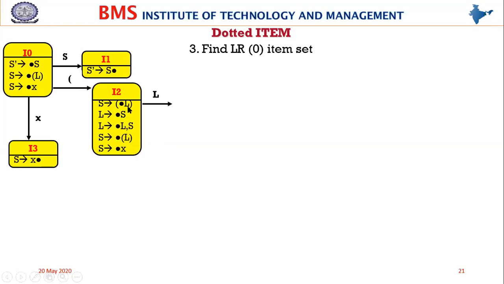Observe on L. You observe here, the first production will become S produces open parenthesis L dot close parenthesis. This means we'll be having one more move on close parenthesis.